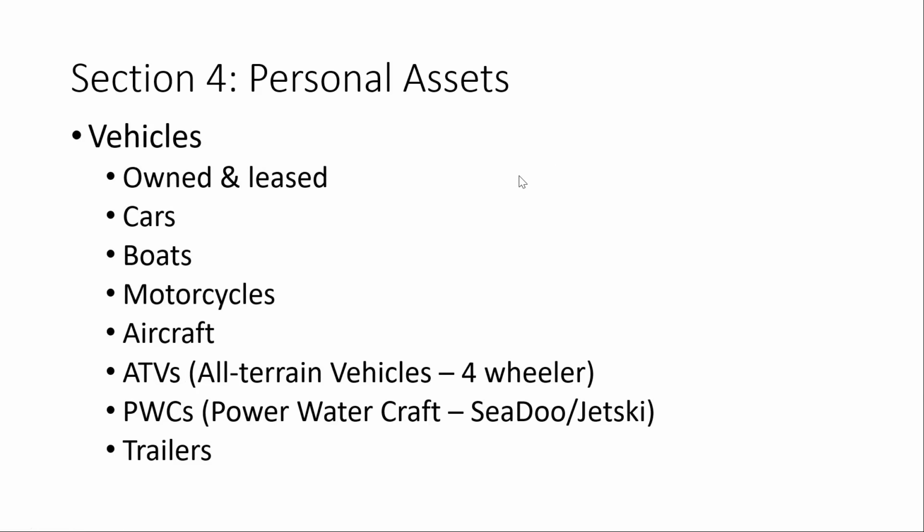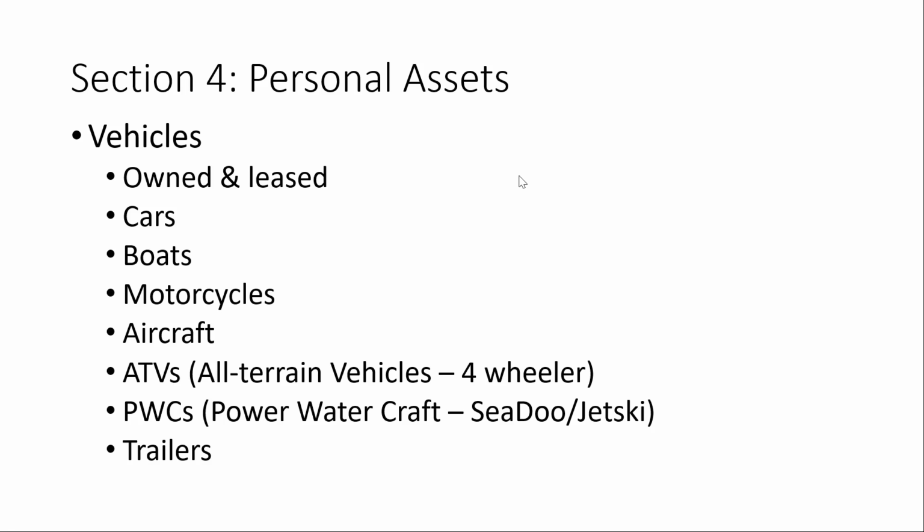On the vehicle side, normally we only think about cars and trucks, but the IRS is also concerned about other things with wheels, skis, engines, runners, tracks, propellers. They want to know about motorcycles, aircraft, ATVs, trailers, be they like utility trailers or RVs, personal watercraft, all kinds of things that we may not think of, but they have value.